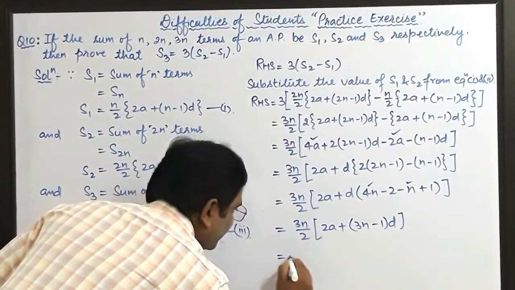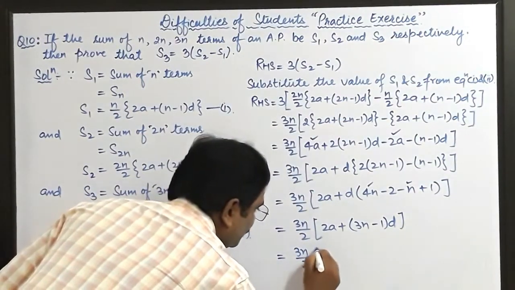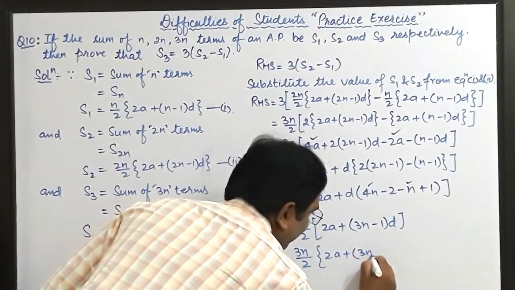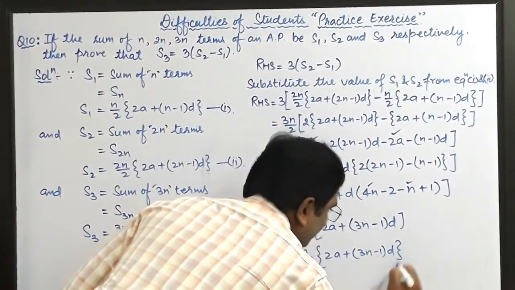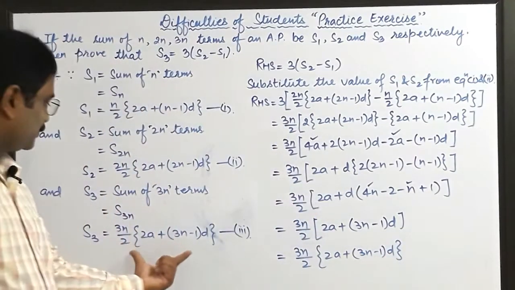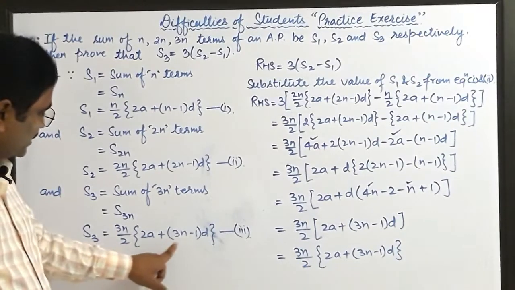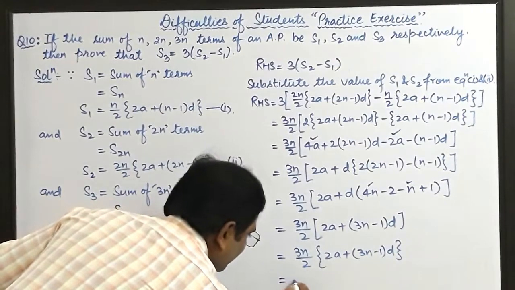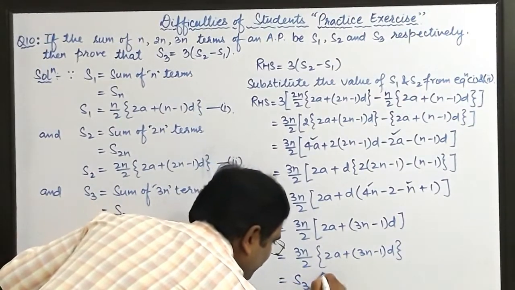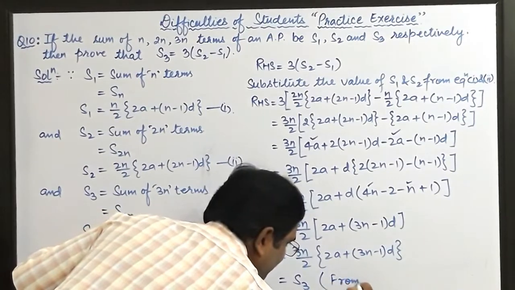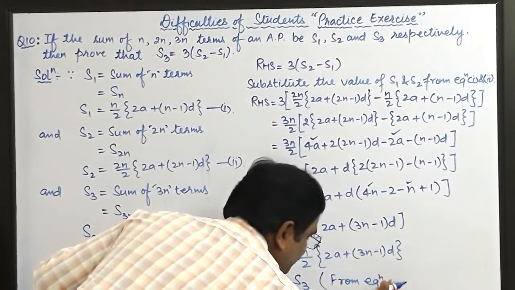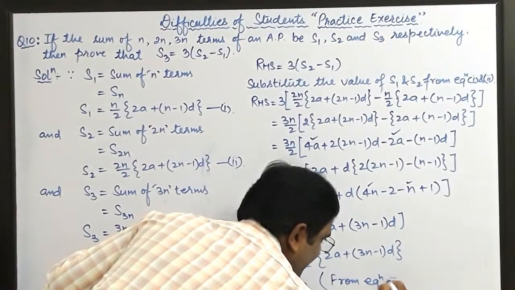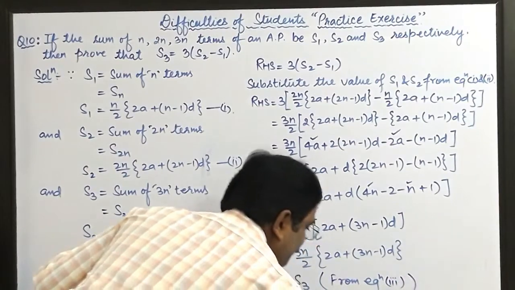Now it can be written as 3n upon 2 into 2a plus 3n minus 1 into d, and just see from equation number 3, this 3n upon 2 into 2a plus 3n minus 1 into d is equal to S3. Therefore it was from equation third you have written, and I think it is proved.